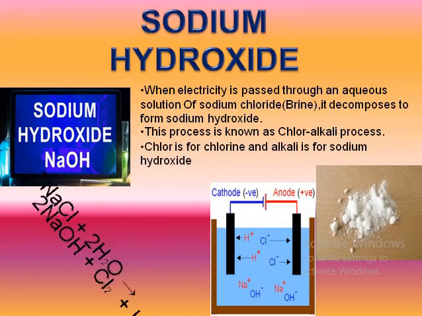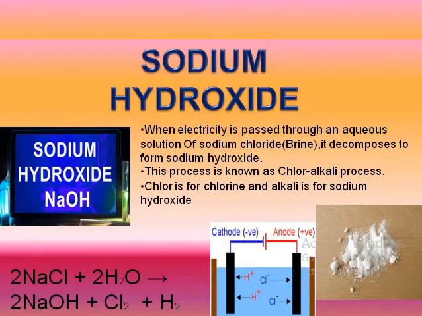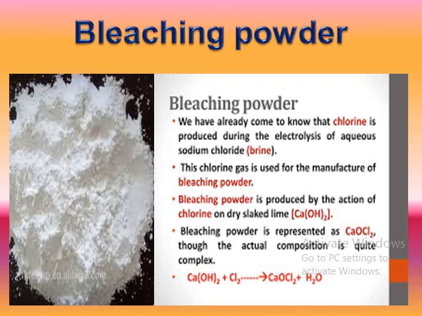Now coming to our next salt, it is bleaching powder. The chemical name is calcium oxychloride, so the formula will be CaOCl2. It is prepared by the action of chlorine on dry slaked lime.